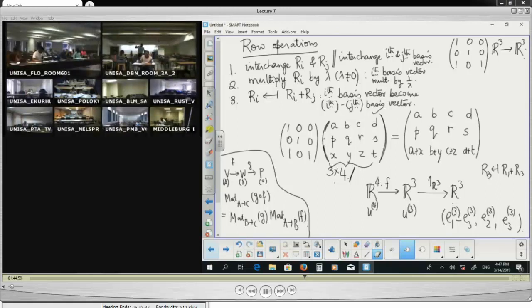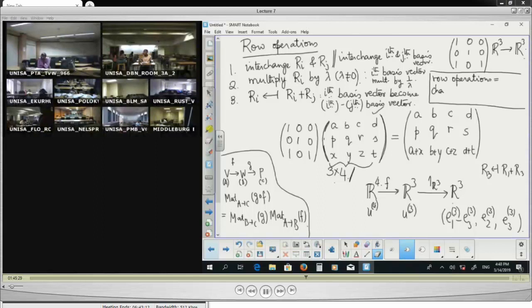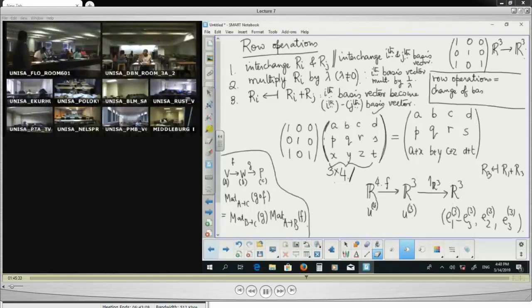So the moral is this. Start off with the usual basis on the domain and the codomain, go on changing the basis, okay, till the point you have a very nice echelon form for the corresponding representation of it. Okay?